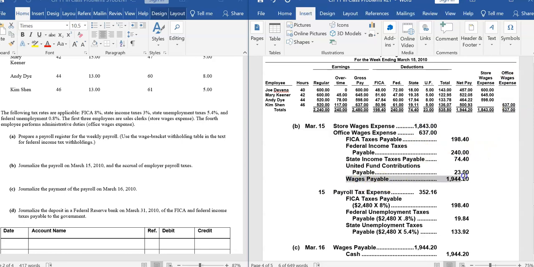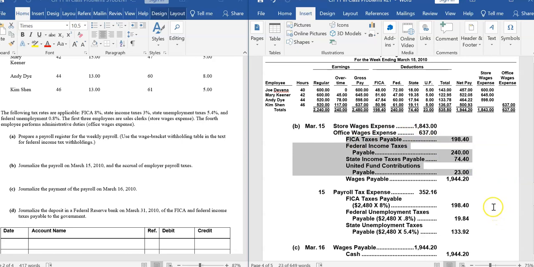The actual amount paid to employees will be their net pay of $1944.20, so that's the amount of the wages liability. All of these other withholdings for FICA, for federal income tax, for state, and for the charitable contributions to the United Fund, all of those are recorded as liabilities.